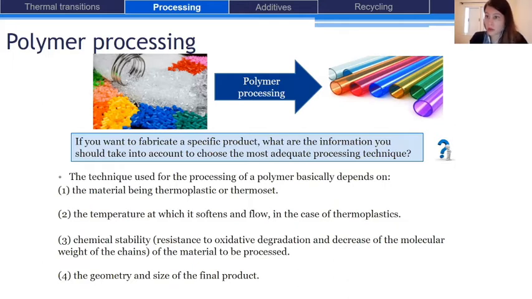We should avoid it, and we should select a processing technique that will avoid conditions that would provoke the material degradation. And finally, the geometry and size of the final product is an important criterion, because some techniques will allow more complex geometry, and others will permit producing much bigger products. And so we should take it into account during the selection of the best processing technique.